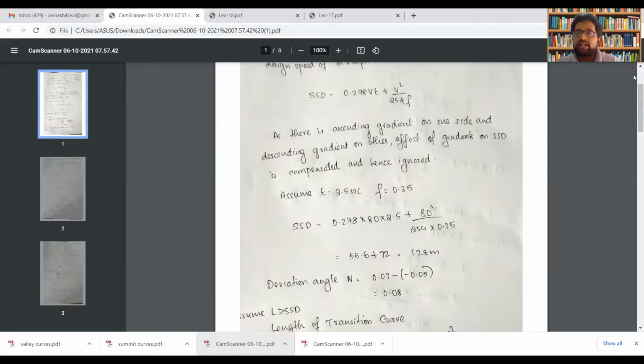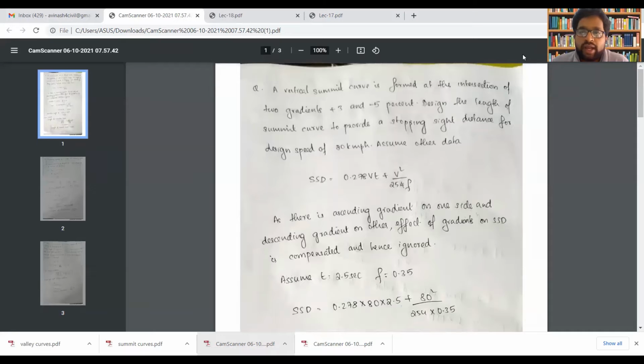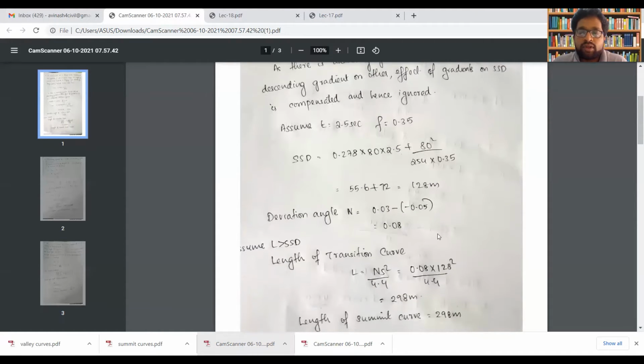Now, what will be the deviation angle? In order to find the deviation angle, you should have the value for the two gradients. Here, the two gradients are given as an ascending gradient of +3 and a descending gradient of -5. The deviation angle N is 0.03, the ascending gradient, minus the descending gradient is the formula.